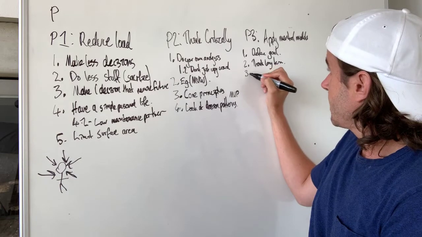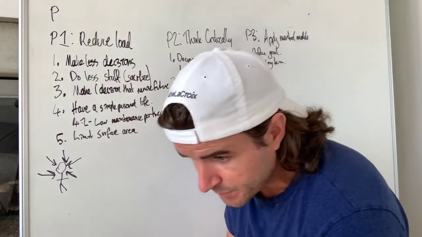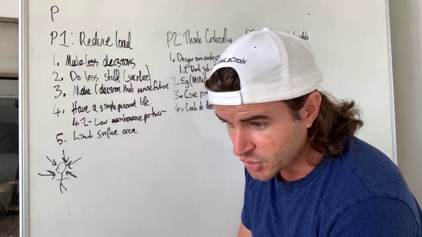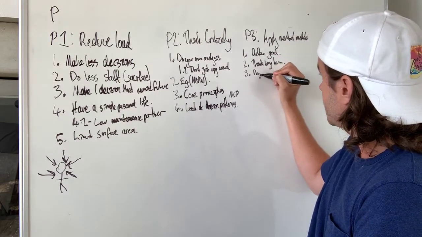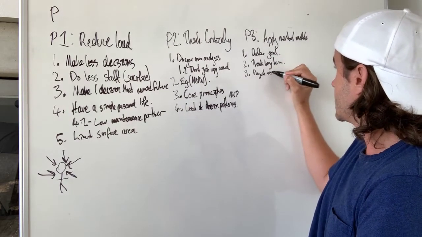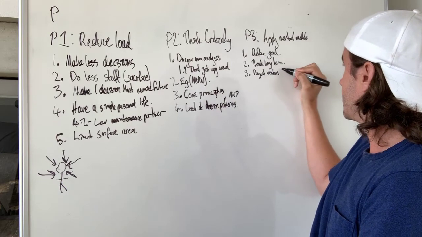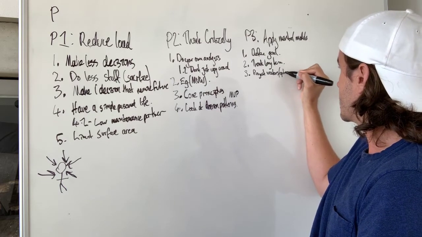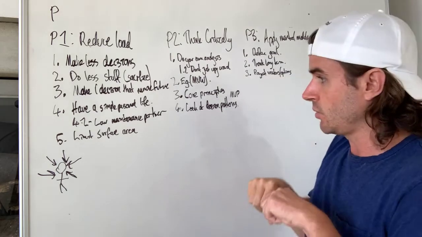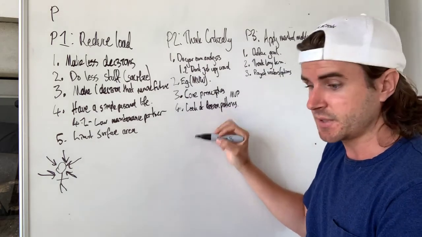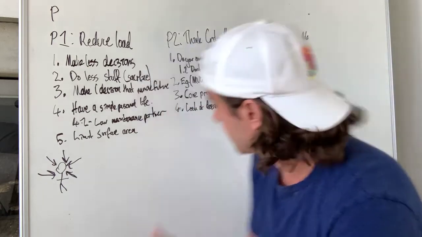Now, 3. Project decision options. Project vectors. Such options, right? So what you want to do once you've got your goal, and I'll draw this down here with a different color.